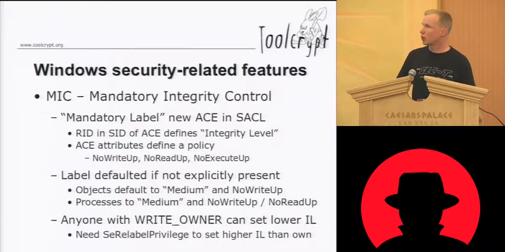And the SID in the mandatory label access control entry doesn't identify a user or a group. It actually identifies what's called an integrity level. And this integrity level is basically a number from 0 to whatever. And there are a number of different default assigned numbers with names such as low, medium, medium plus, high, system, and so on.